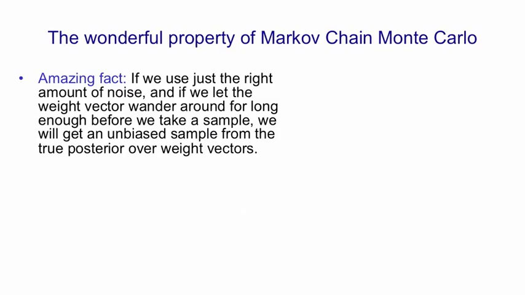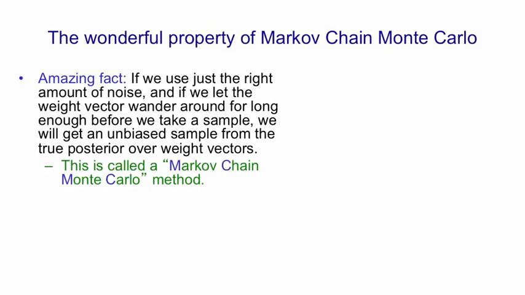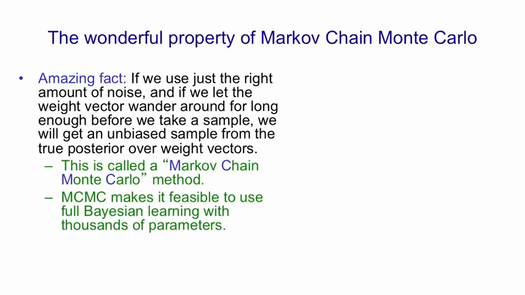That is, those red dots we saw on the previous slide will be samples from the posterior, where weight vectors that are highly probable under the posterior are much more likely to be represented by a red dot than weight vectors that are highly improbable. This is called Markov chain Monte Carlo, and it makes it feasible to use Bayesian learning with thousands of parameters.